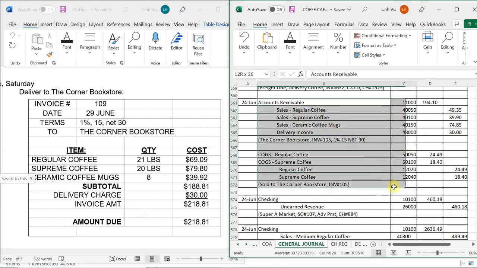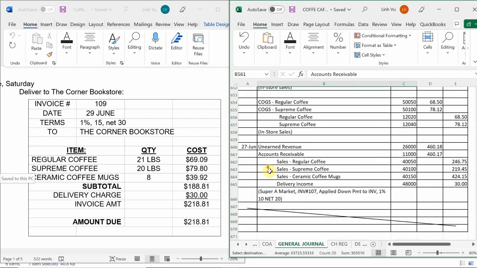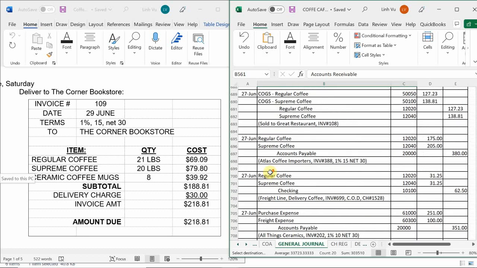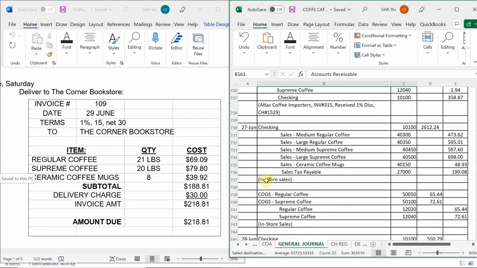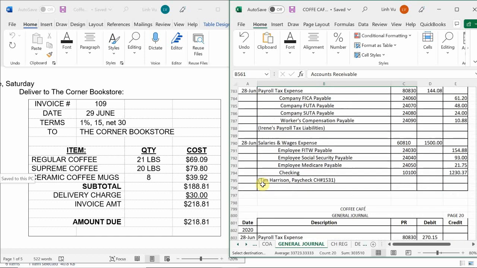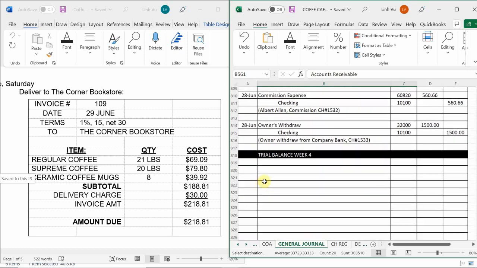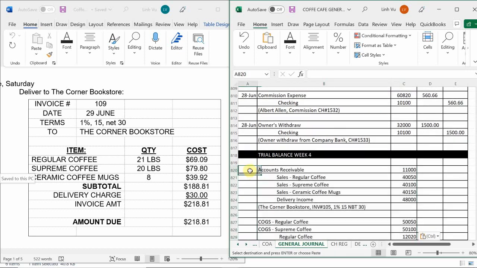We're going to just copy and paste all of this. Oh, and look, it's perfect. It's to the corner bookstore. So half of the page of page 20 here.